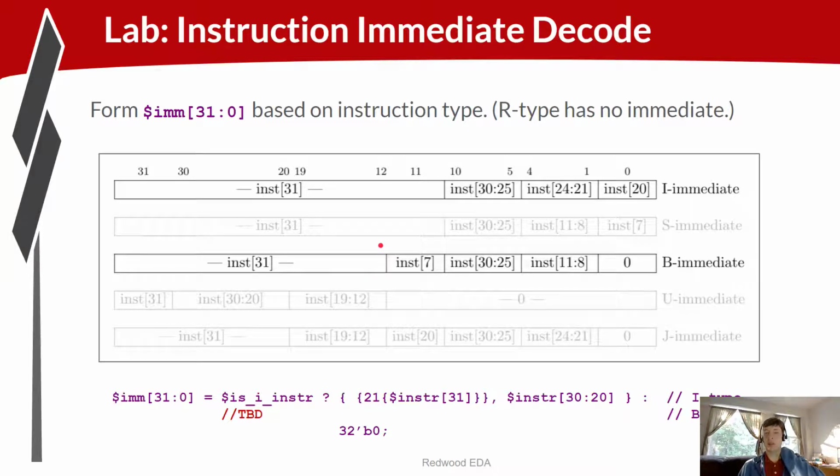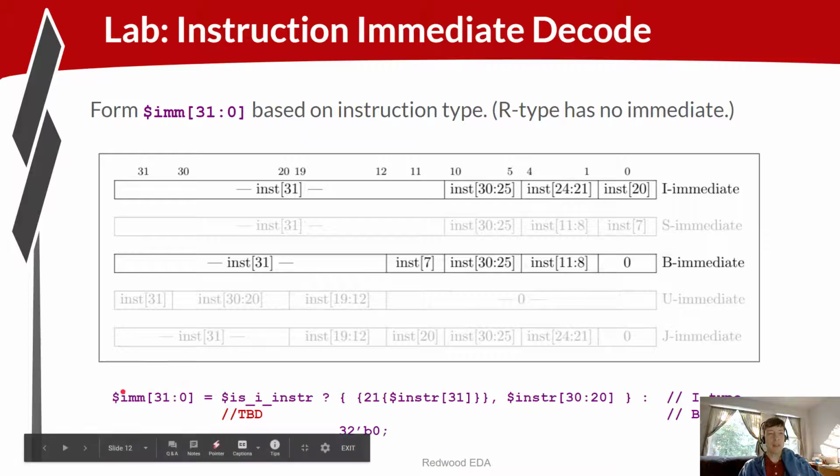Also, the branch instruction is branching to a program counter target based on an offset value. That offset is provided as an immediate field. So I-type and B-type have immediate fields. R-type does not. So I've given you the expression here to start with for the I-type immediate value.